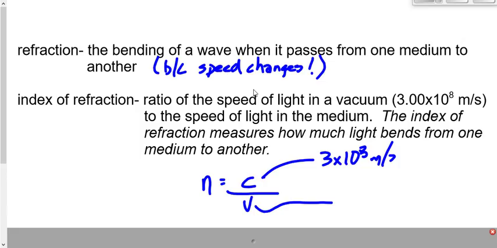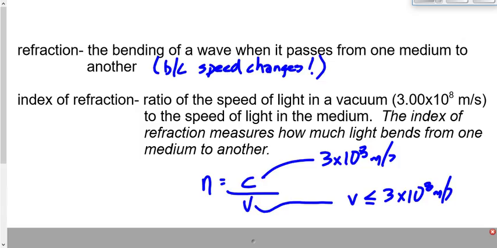And it will always be less than or equal to 3 times 10 to the 8 meters per second. 3 times 10 to the 8 is the biggest speed you can get. If you're in glass, light slows down quite dramatically to about 2 times 10 to the 8 meters per second. If you're in diamond, it slows down even more.